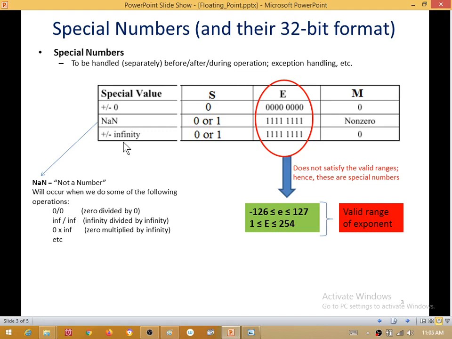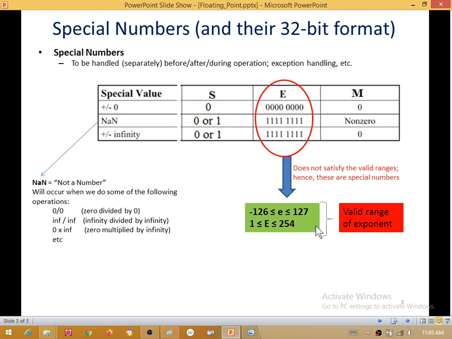For example, the NaN, which means not a number, can occur if you have 0 divided by 0, which will lead to an NaN, and the NaN is represented by this format, that your biased exponent capital E will have all ones, which means its value is 255.